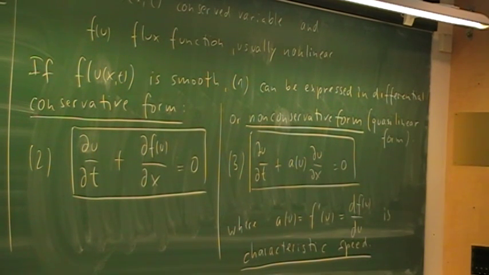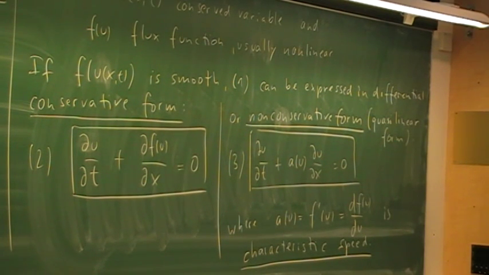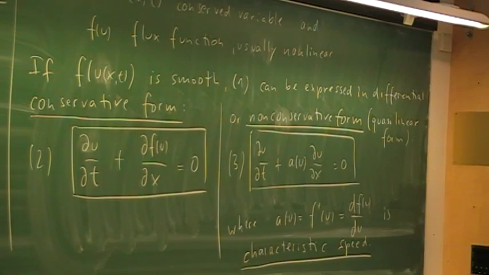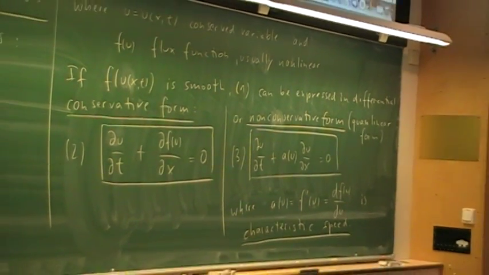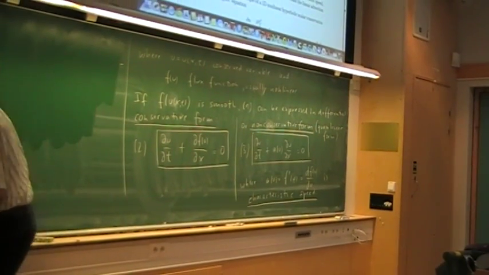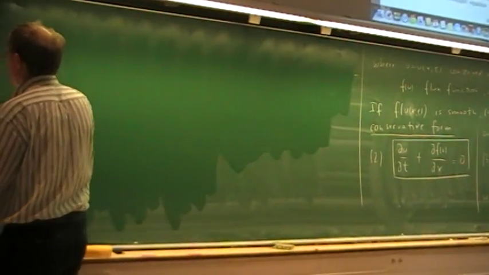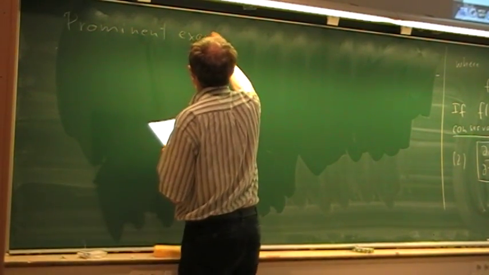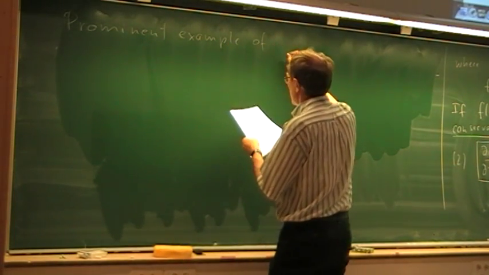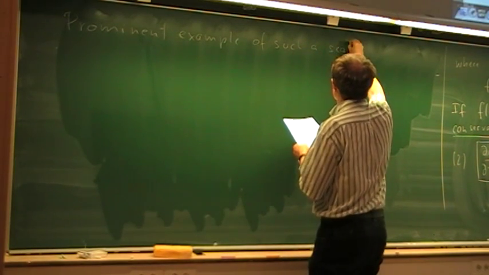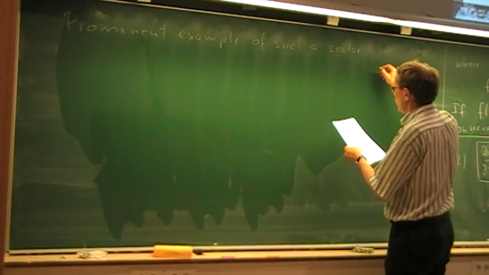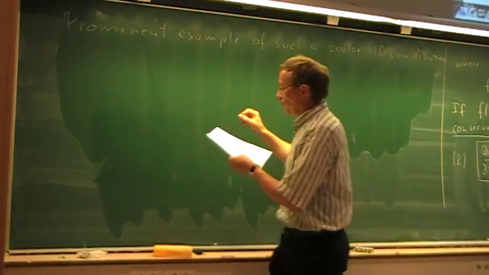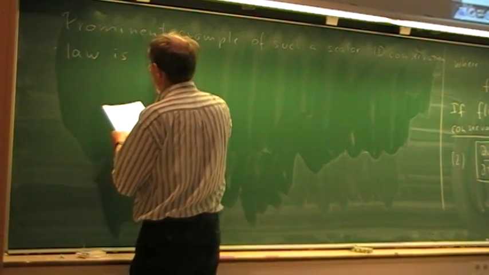So, the prominent example of such a 1D scalar conservation law is the inviscid Burgers equation.